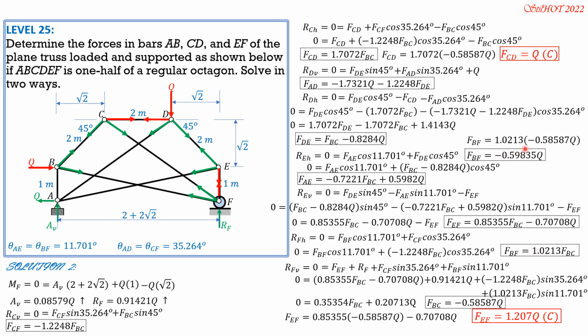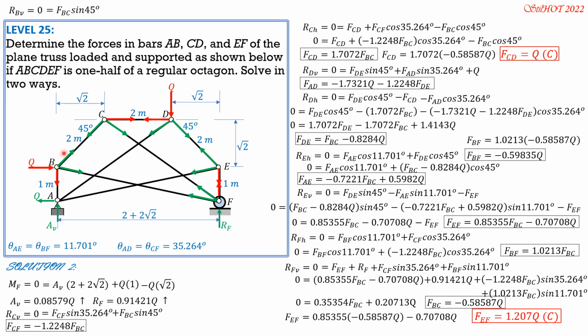FBF is 1.0213 of FBC, and FBC is negative 0.5857 Q. So FBF is negative 0.59835 of Q. Then we draw the FBD of isolate B. These are the forces involved. Then red for FAB.